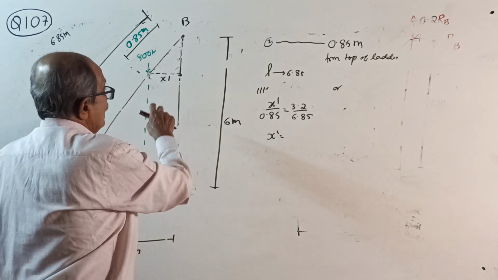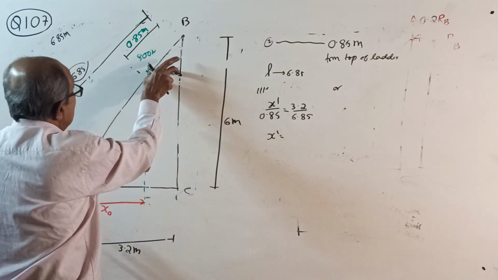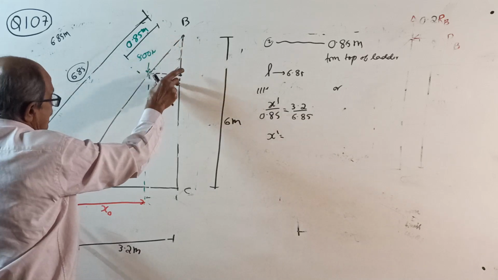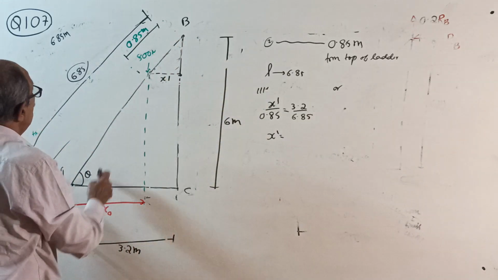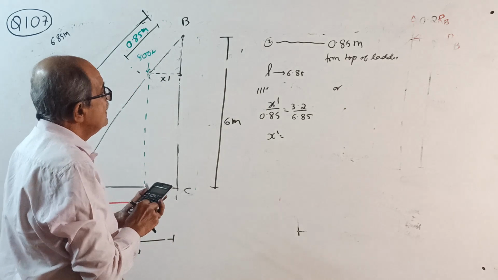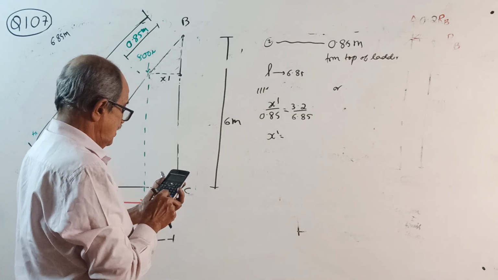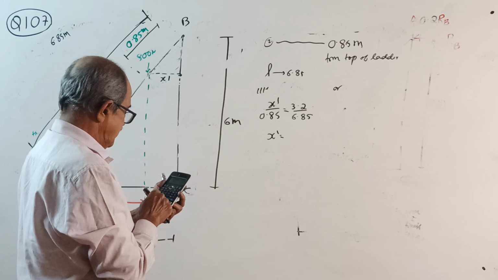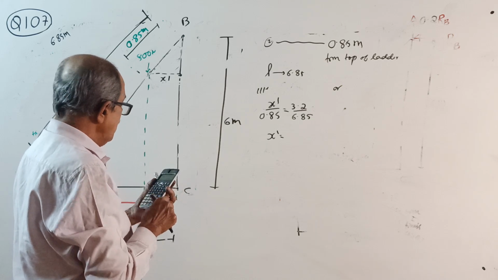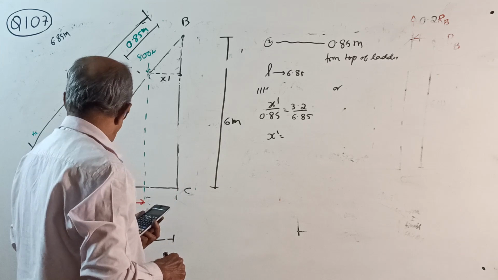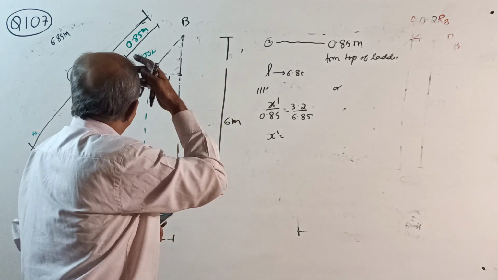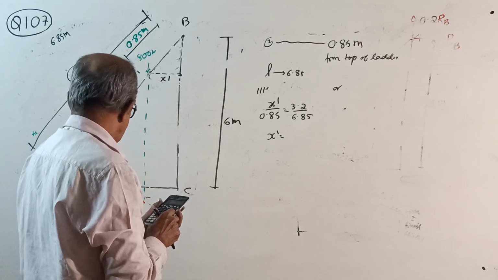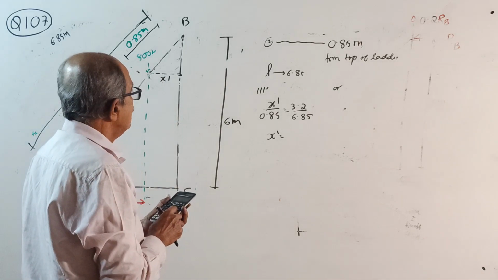So what I wrote: x dash divided by 0.85 equal to 3.2 by 6.85, correct. X dash equal to 3.2 divided by 6.85 into 0.85. Why giving wrong number? What went wrong? Some number is missing here. 3.2 is correct.